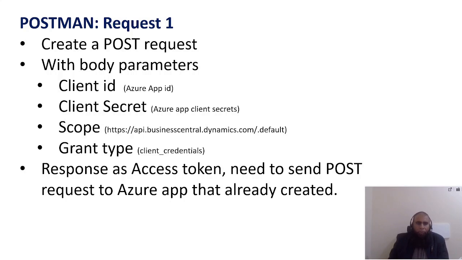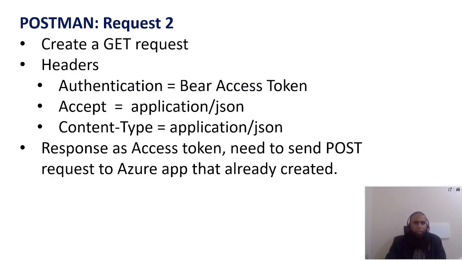When we send the request, if everything goes fine, we get the access token in the response. We provide that token to other APIs in the authentication header to interact with Business Central. Then for the second request, we will create a GET request and play with the Business Central standard API, and we will see a few endpoints.